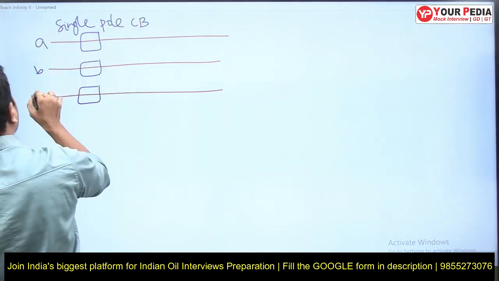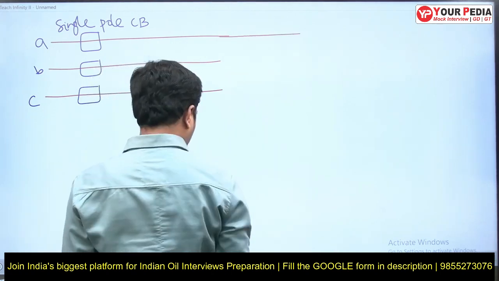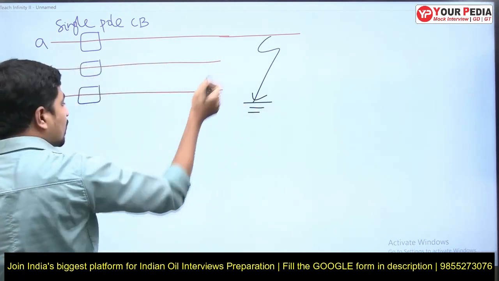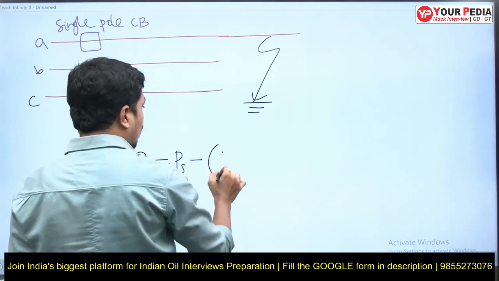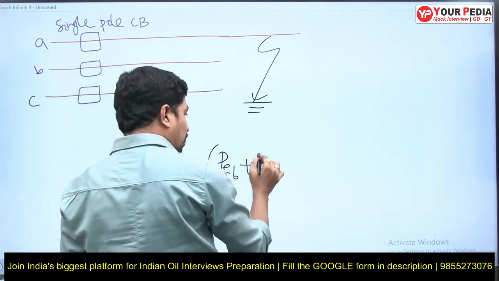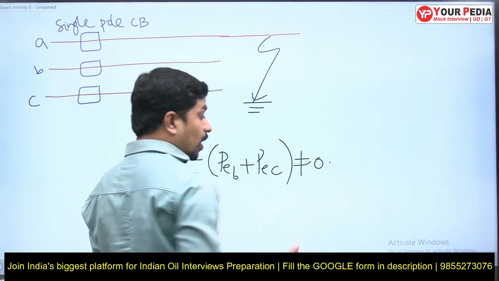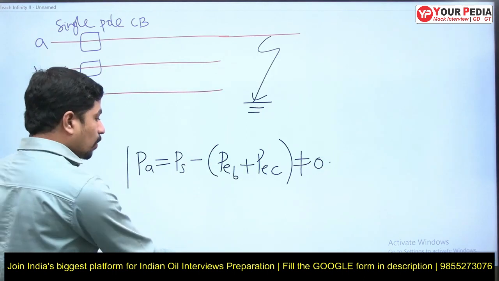Here, whenever a fault occurs on phase A, only phase A will be disconnected. PA is equal to PS minus PE of phase B plus PE of phase C. This is not equal to 0, this is less compared to the previous one.